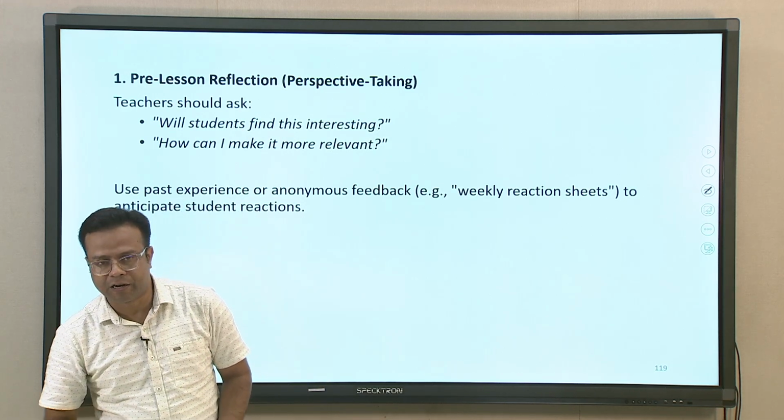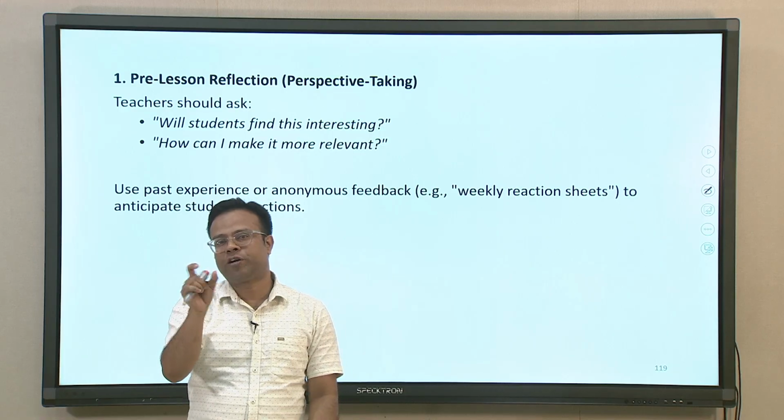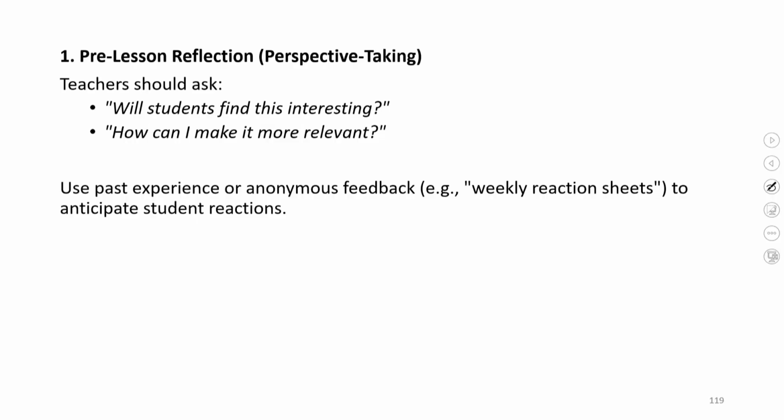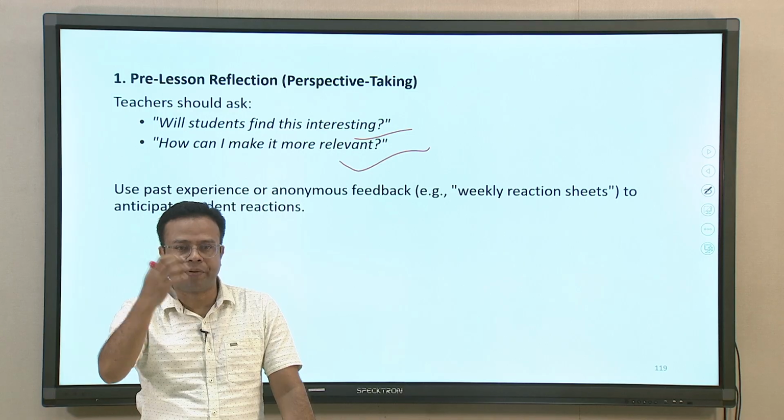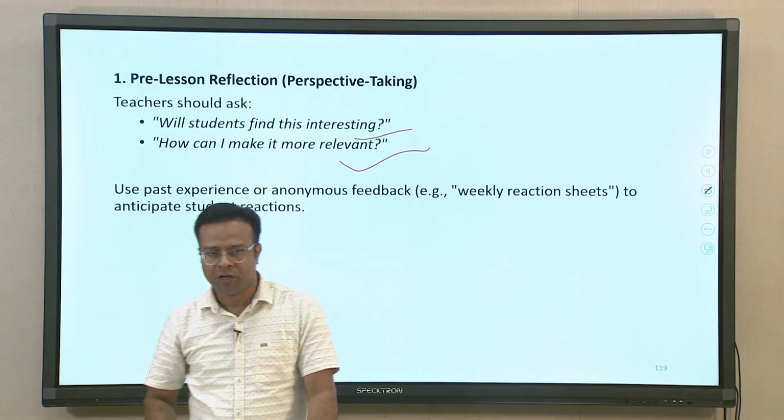During pre-lesson reflection, the teacher should focus on perspective taking. The teacher should ask, will students find this interesting? Will they be able to understand? How can I make it more relevant to them? These are the questions a teacher should ask before starting a lesson. So, this is the pre-lesson reflection that is important.